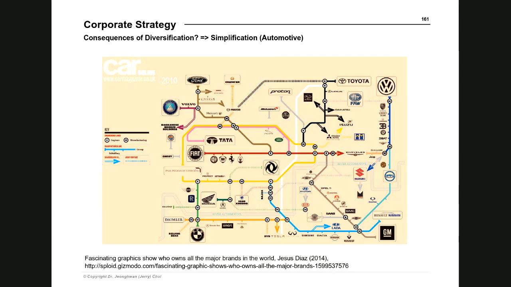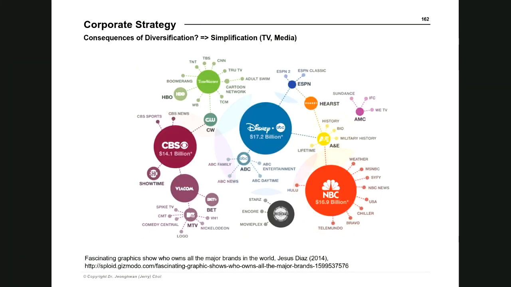Automotive industry, consumer good industry, and this is the media industry. Disney, CBS, NBC, those three guys, and then nowadays, the Disney. Do you know that Marvel was merged by Disney? Captain America and Iron Man were merged by the Mickey Mouse.